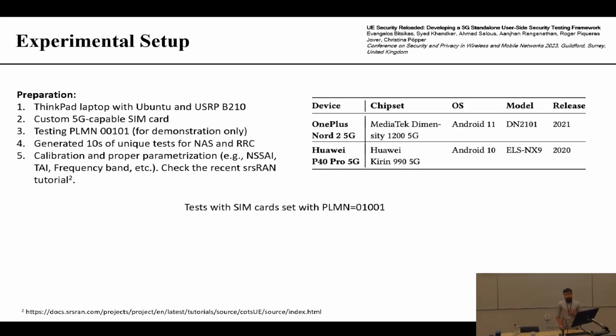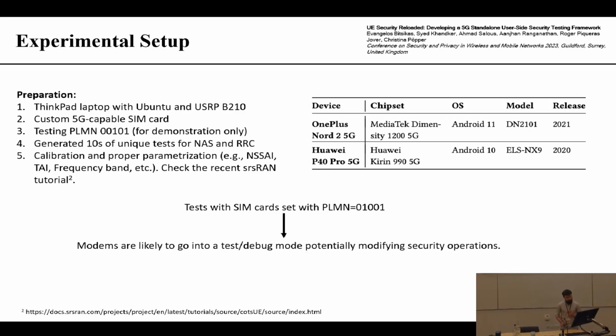I would like to emphasize one important topic, which is the parameterization with testing PLMN. If we configure the SIM cards with this kind of PLMN, it might be possible for the modems to enter into debug mode and potentially modify security operations.